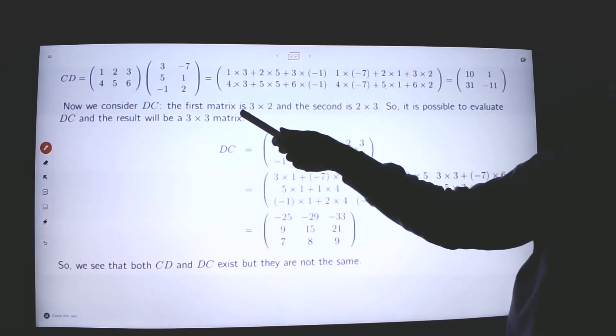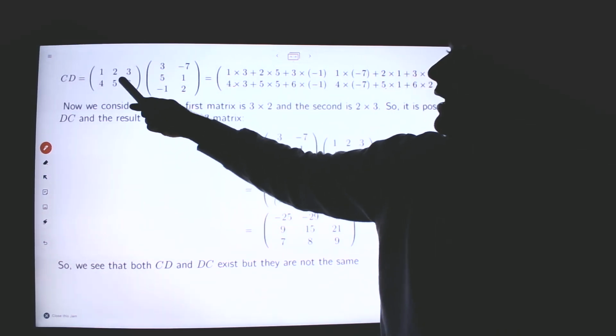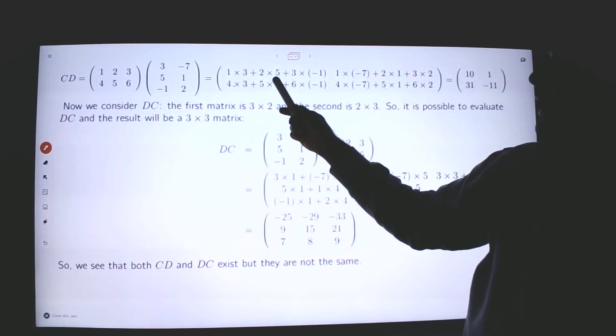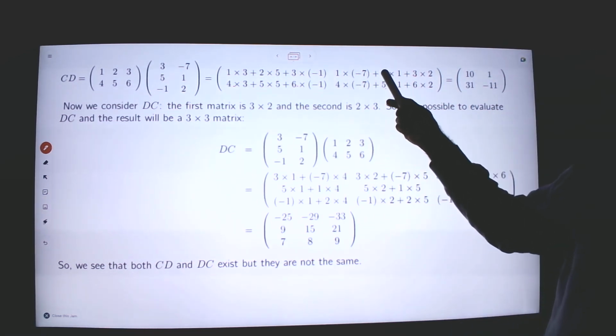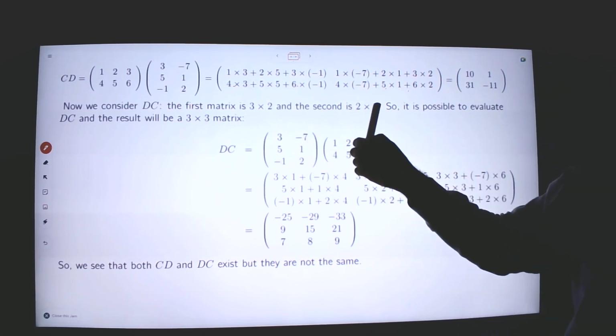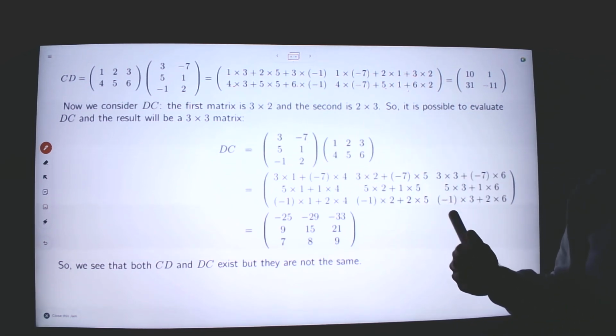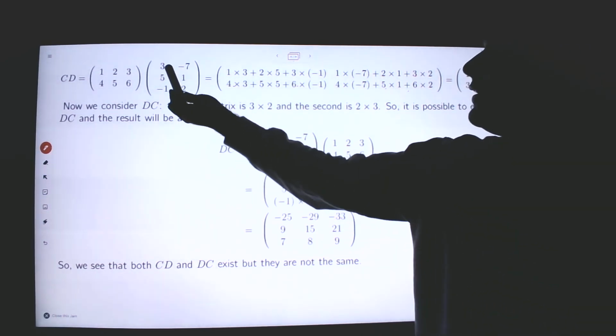Now if you look at the second matrix, if that's difficult, you can do it like 1, 4, 2, 5, 3, 6. This is the first matrix. The other matrix you have to transpose. What is transpose? Transpose is when you convert the rows to the columns. So the matrix is 3, 5, minus 1.